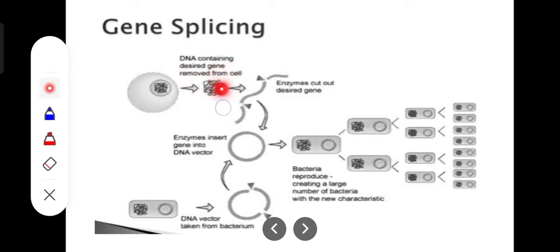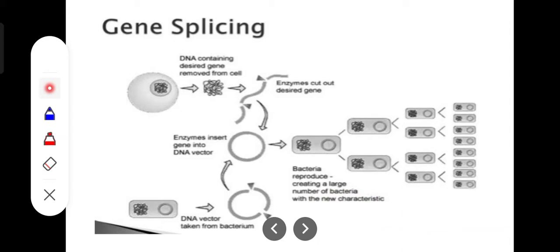This one is the cell, and what is inside is the desired gene. Then enzymes cut out the desired gene. Next, the enzymes insert the gene into the DNA vector. Next, the bacteria reproduce, creating a large number of bacteria with the new characteristics.